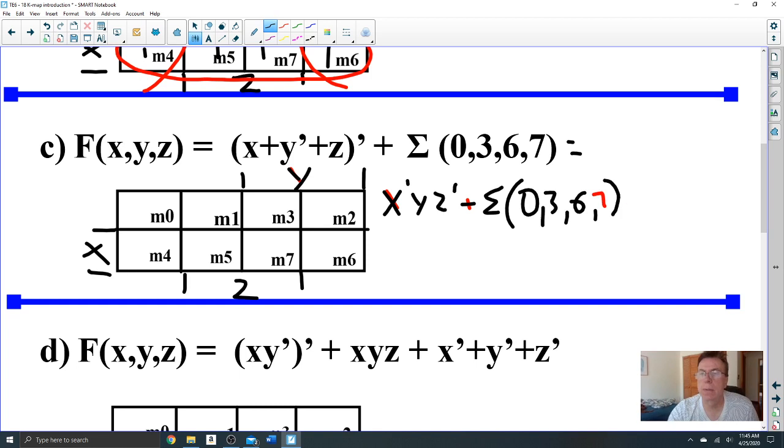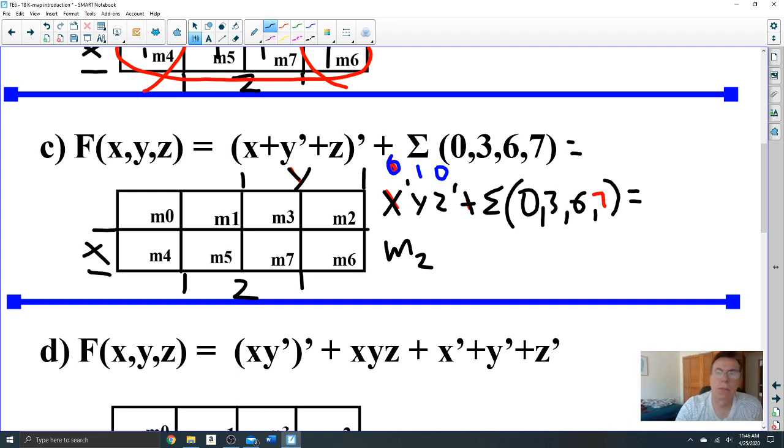I hate when the marker changes the color by itself. Okay, let's do this plus here. All right, so now this is a min term 2. X prime y z prime is min term 2. Why? Because you know the binary method. If a min term has a prime variable, you put 0 above it, and unprimed is 1, and prime is 0. All right, so 0, 1, 0 is min term 2.